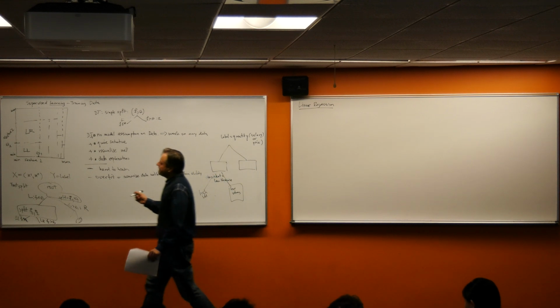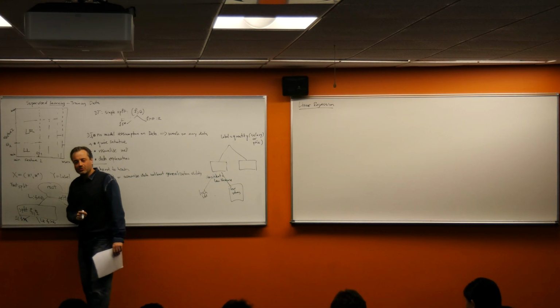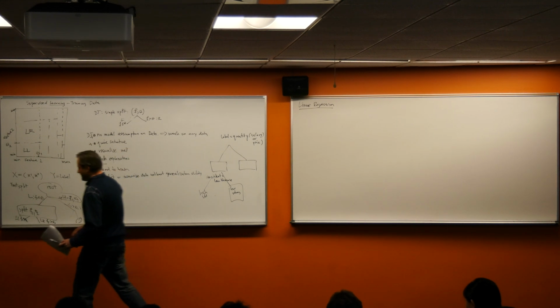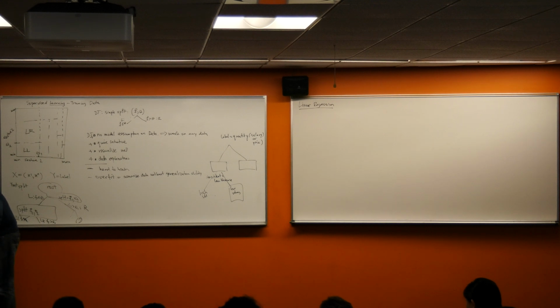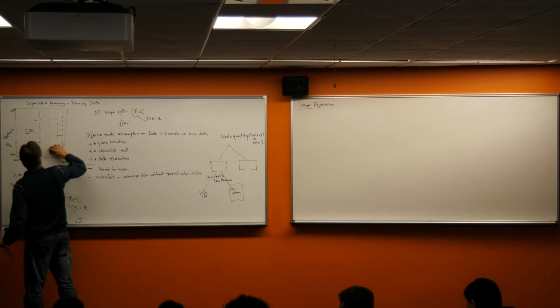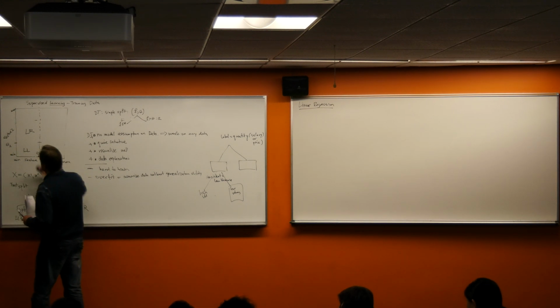So visually, what would we expect in these regions to happen? I'm going to erase some stuff a little bit and say, here's the first split. I'm going to say this is a binary problem.